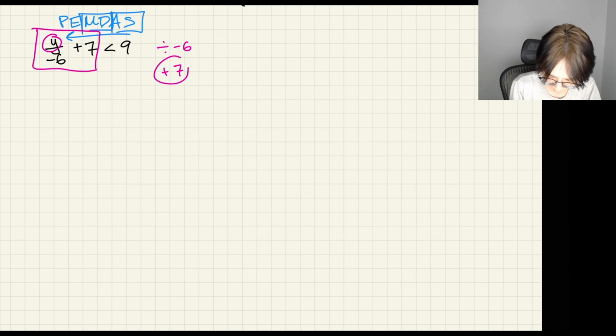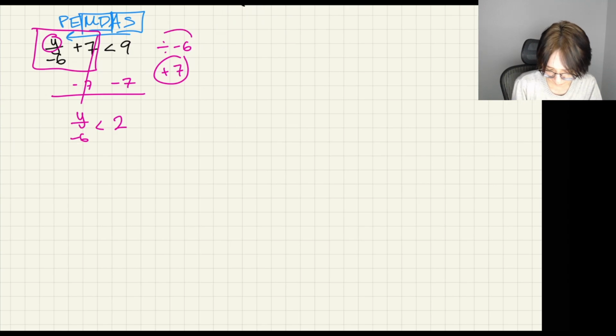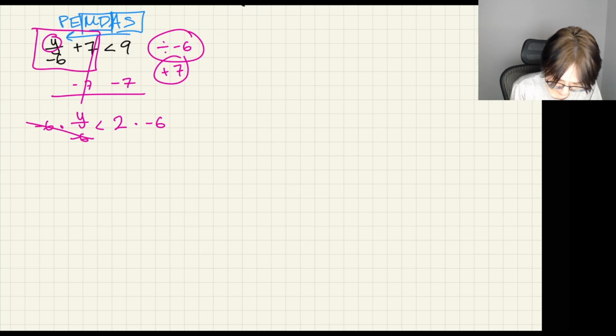Taking care of addition, subtraction first, we're going to be subtracting 7 from both sides. Those cancel out. Now we have y over negative 6 is less than 9 minus 7, 2. Now we take care of the division, so we multiply both sides by negative 6. Those cancel out. Because we're multiplying by a negative, the inequality sign flips to the other direction.